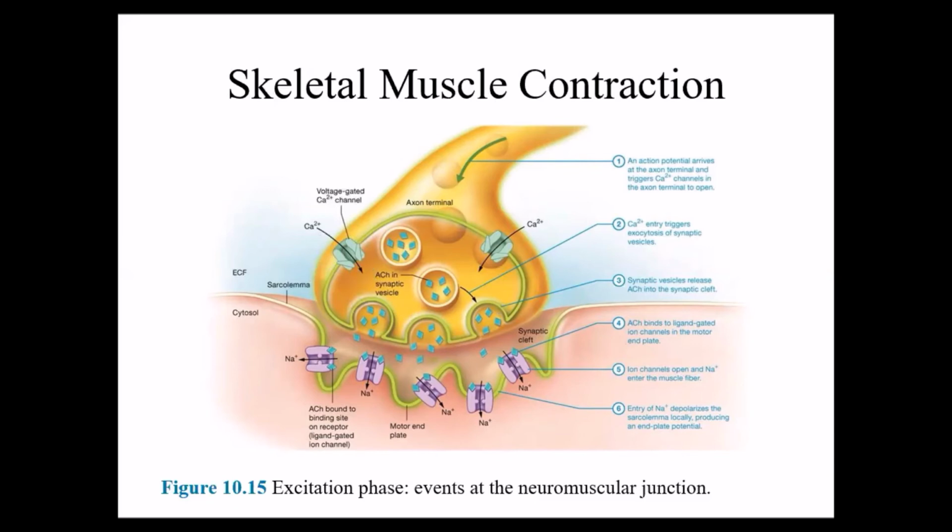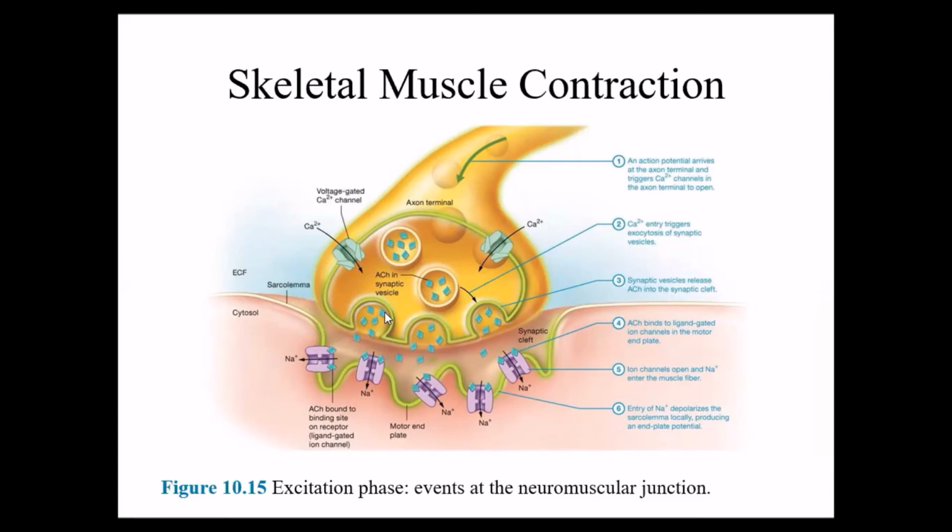Calcium causes that acetylcholine we just mentioned to be released. The acetylcholine is stored inside of these storage vesicles, and when calcium binds to these vesicles, it triggers the acetylcholine to be released, and that enters into the synaptic cleft.